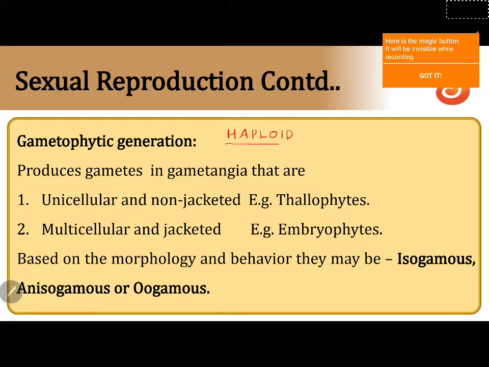Wherever it occurs, it is always haploid and produces gametes in gametangia. So, where we produce the structure which holds the gamete.